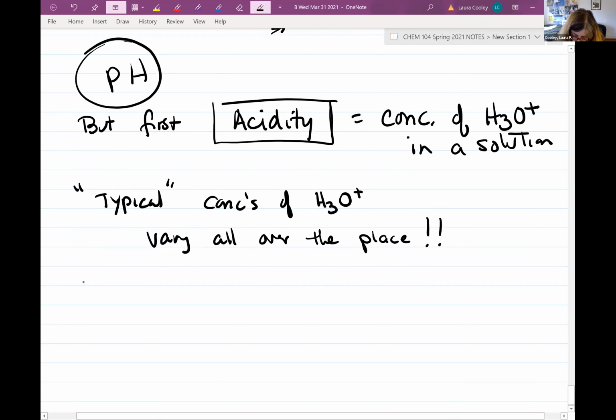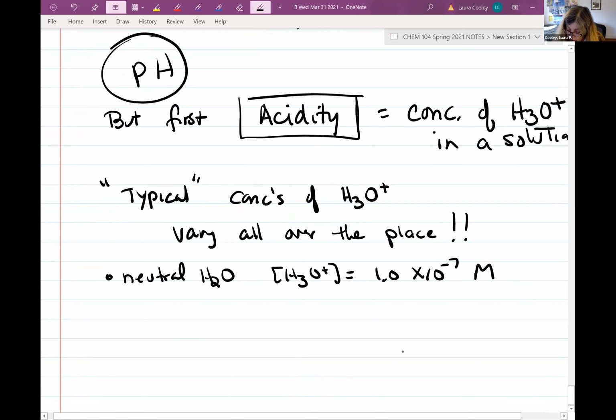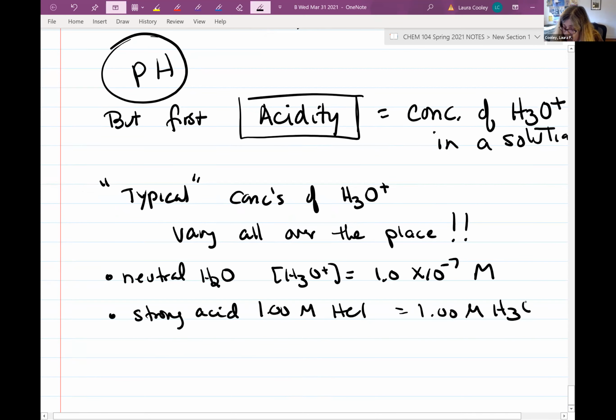So for example, if I have neutral water, the H3O plus concentration is 1 times 10 to the negative 7th molar. If I have a strong acid solution, for example, I might have 1 molar HCl. That has 1 molar H3O plus.